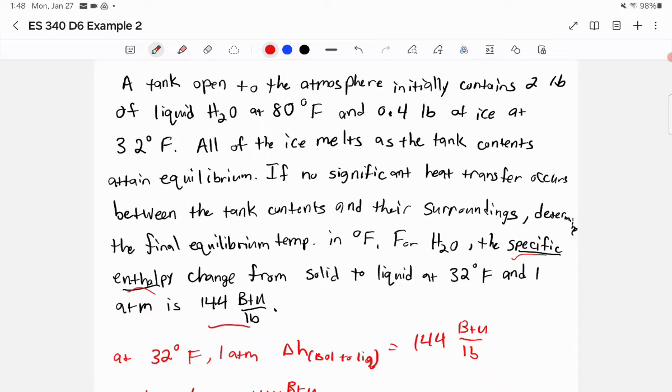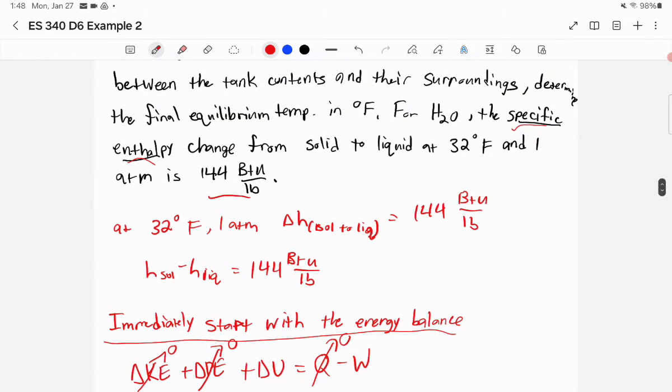Now, during the process when it's changing from ice to liquid, we know that the pressure remains constant.